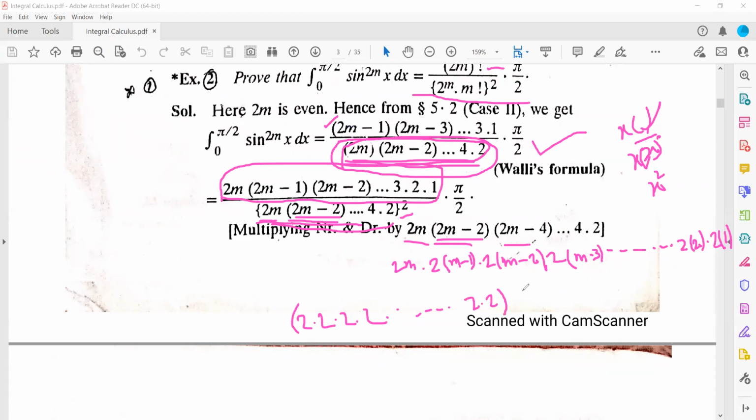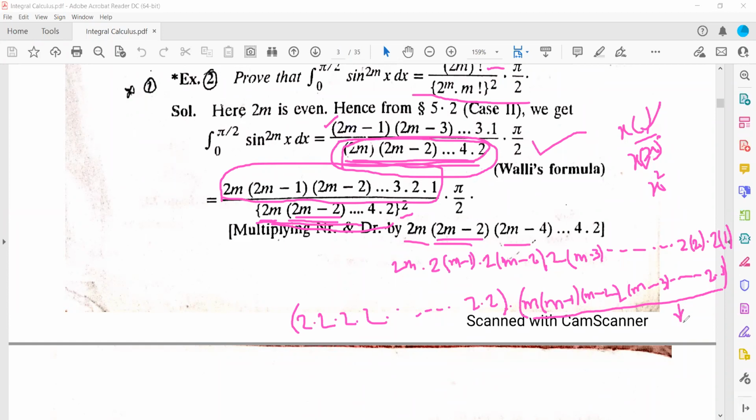Then I'm writing the other part here: m into m minus 1 into m minus 2 into m minus 3 dot 2 into 1.